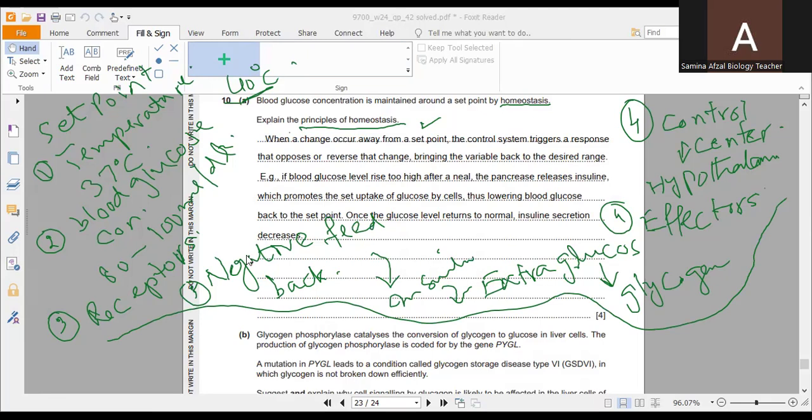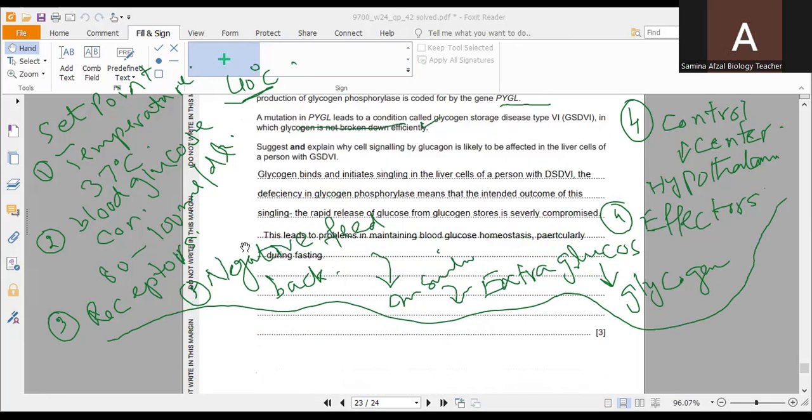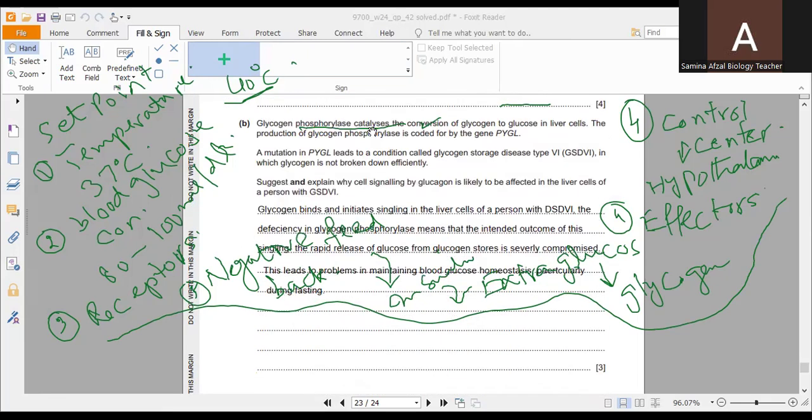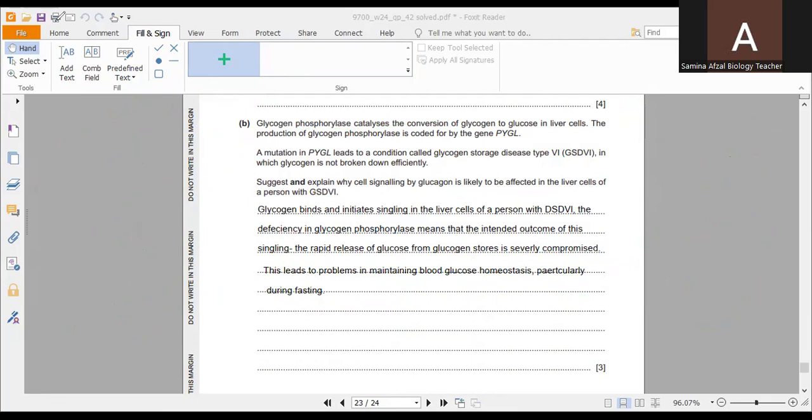Now, next question is about glycogen. Already told you in this question that the extra glucose is stored in the liver in the form of glycogen. So glycogen phosphorylase catalyzes the conversion of glycogen to glucose in liver cells. So glycogen phosphorylase is that enzyme which breaks down the glycogen to glucose in liver cells.